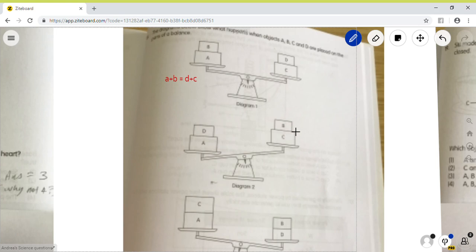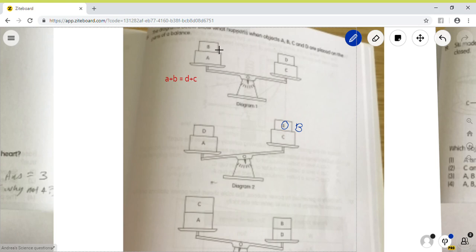Sorry? Is diagram 2, is that A? B. That's B here. Oh, okay, B. So BC is lighter than DA. Lighter. So if A plus B must equal to D plus C, let's say this one looks like, I don't know, we can try.